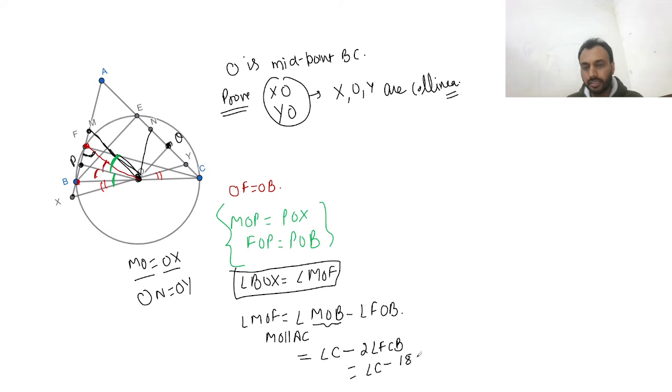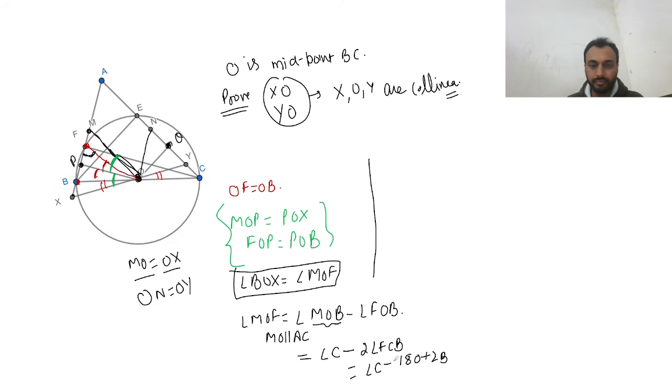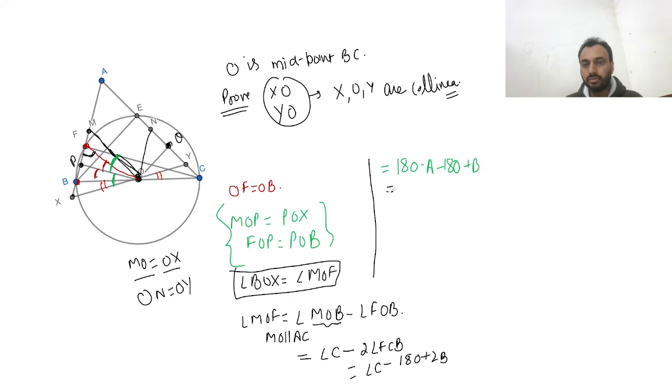So what we will get? Minus 180 plus 2B. So we can get B plus C is 180 minus A. So 180 minus A minus 180 plus B. So that 180 cancelled out.